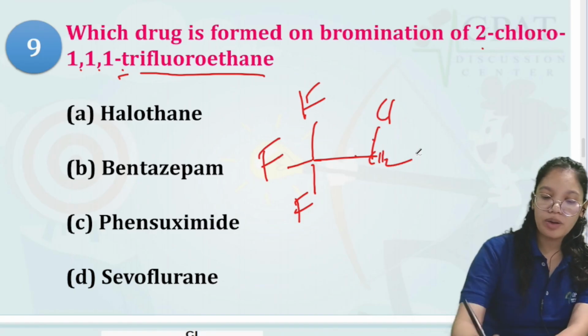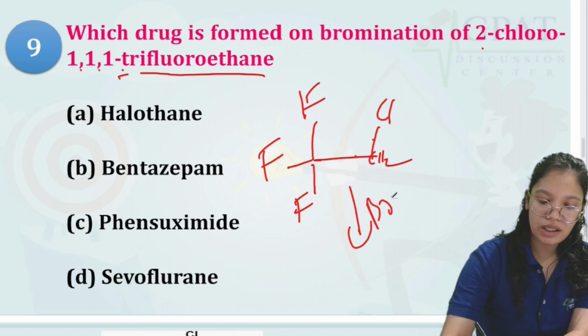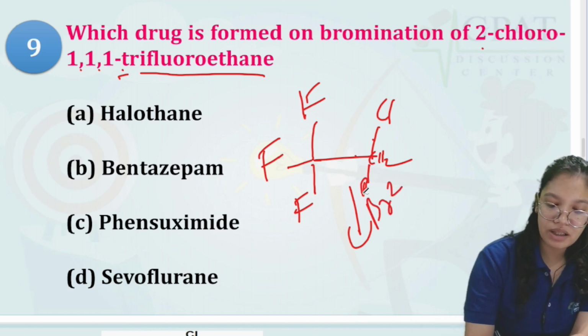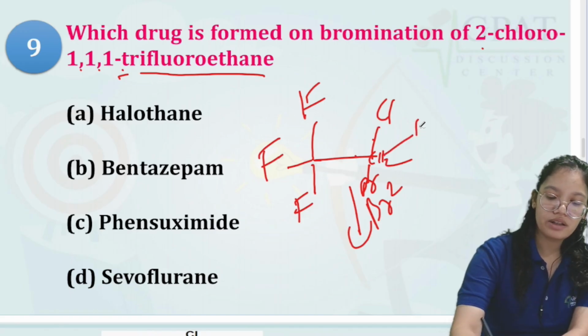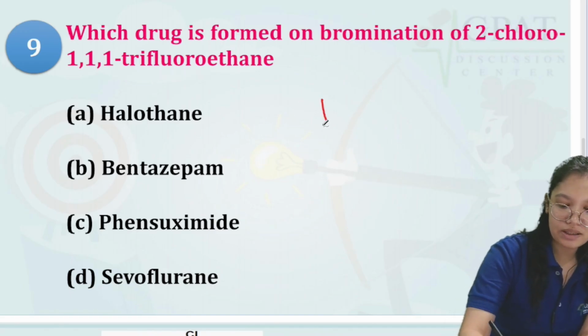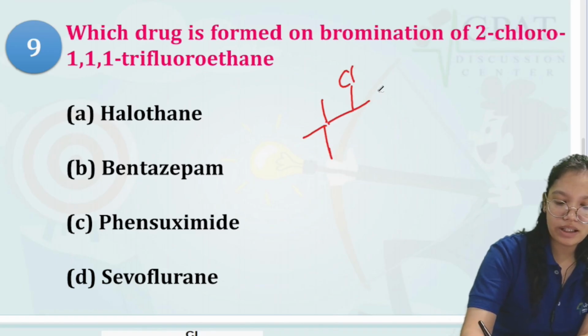On bromination, on Br2 addition, what will happen is the Br will come here, and there the H will be removed and only one H will be there. So what is this? This is the structure of halothane only. We have discussed it so many times.